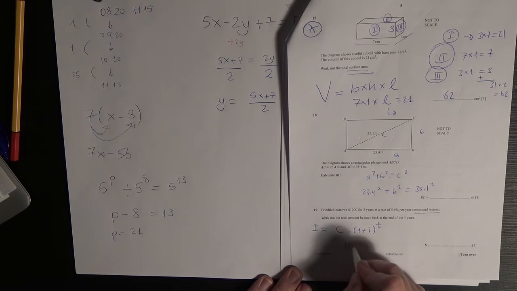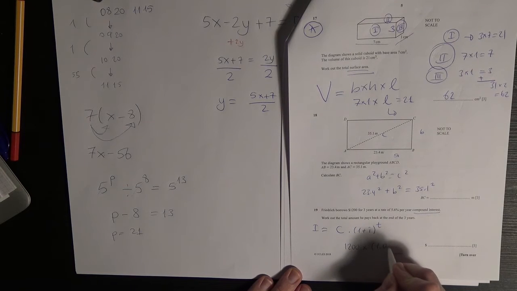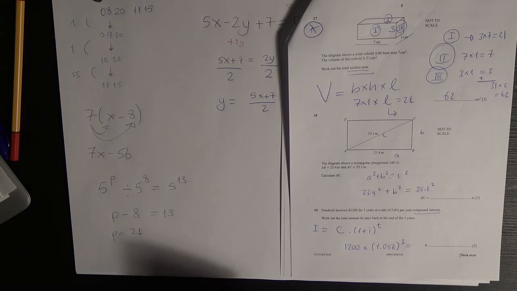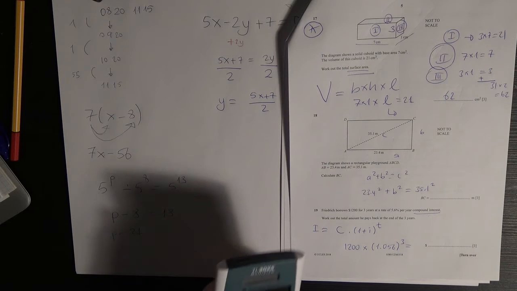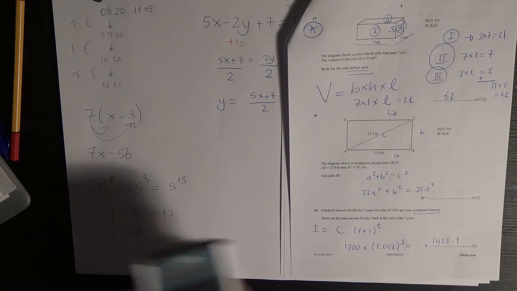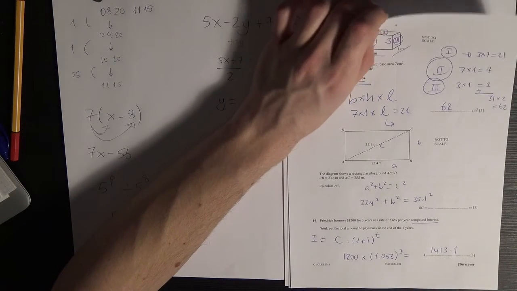So I get the 12,000 times 1.056 to the power 3. $1,413.